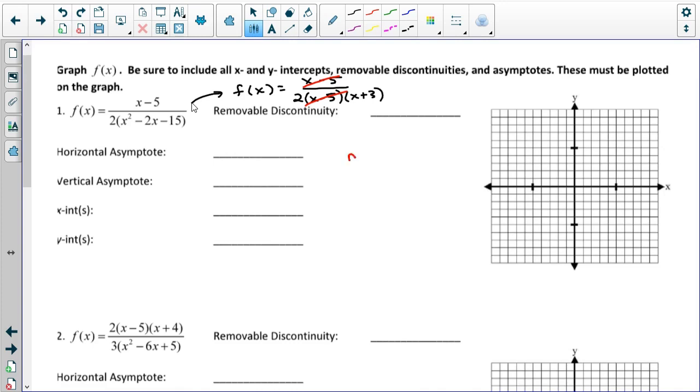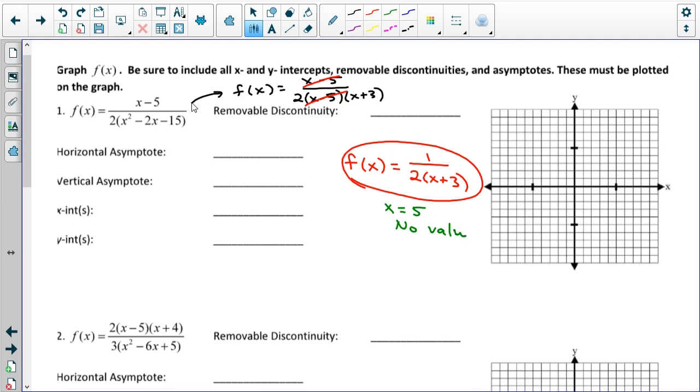So if I wanted to rewrite f of x in a simpler form, I could rewrite it as 1 over 2 times x plus 3. So f of x looks like 1 over 2 times x plus 3 in every aspect except at 5. When x equals 5, there is no value for f of x.